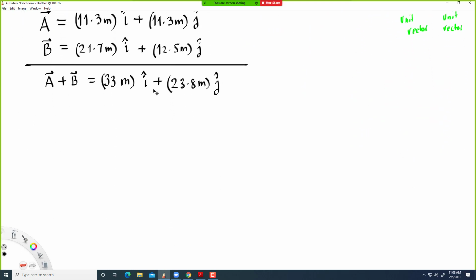Now we can also write this in the magnitude and angle form. So for that, it is denoted by that. So this means its magnitude. Magnitude is given by x component squared plus y component squared.